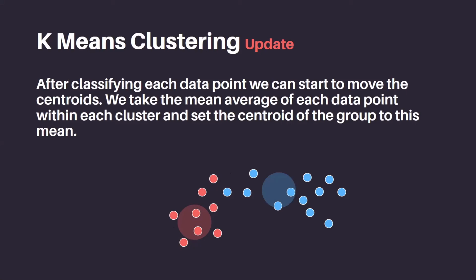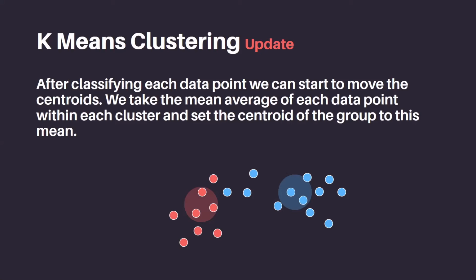Then, because some data points have changed classes, we have to find the mean of the new classes. So because of the new data points, the red mean would be slightly higher, whereas the blue mean would be slightly more to the right. We figure these new means out, and we move the centroids to these places.